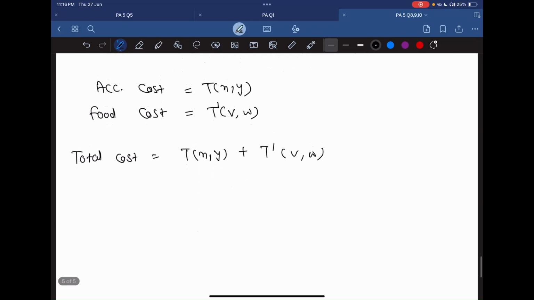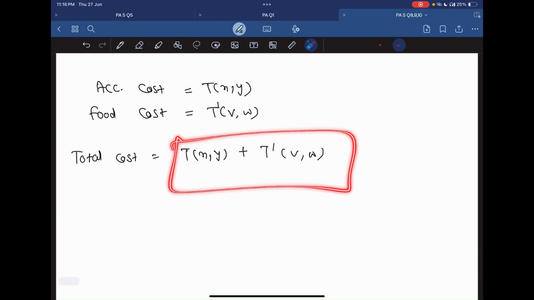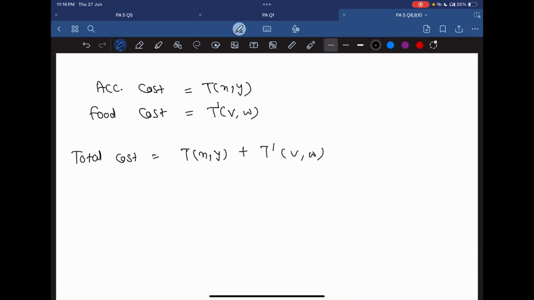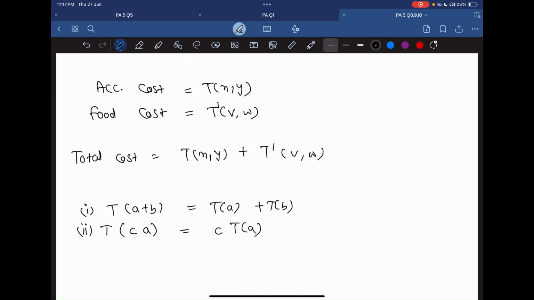Now we have to check whether this is a linear transformation or linear mapping or not. So to check whether any function is a linear transformation or not, it should satisfy two properties. That is, first one is T of A plus B is equal to T of A plus T of B, and second is T of C times A is equal to C times T of A, where C is any real number.